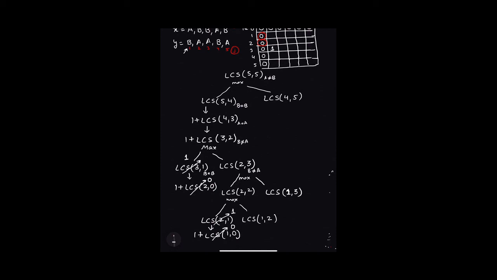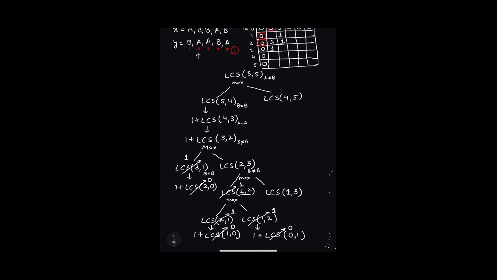So I'm going to update the value over here as 1. We have to find the value of LCS 1, comma 2. So this will be A and A, they both match. So I can say this becomes 1 plus LCS of 0, comma 1 over here. So the value of 1, comma 2 becomes 1. The value of LCS 2, comma 2 is maximum of 1, comma 1, which is again 1. I can say that the value of 2, comma 2 is 1.